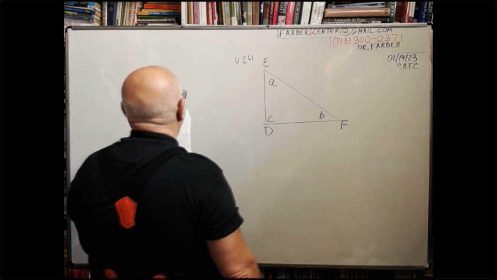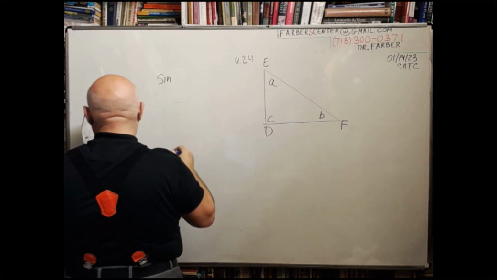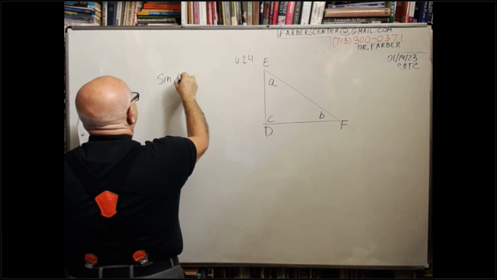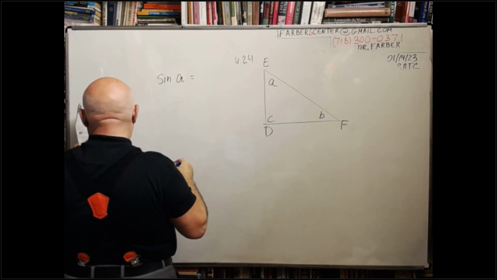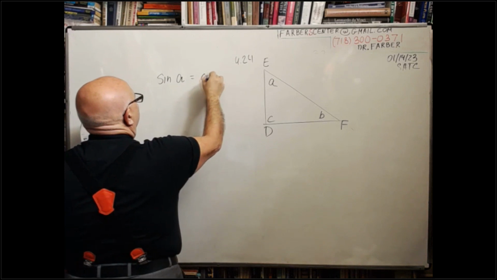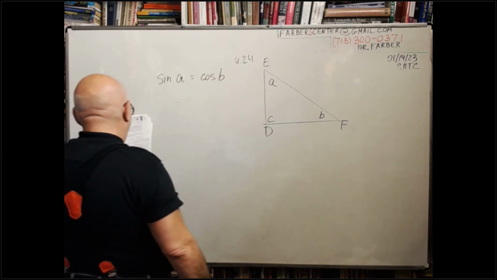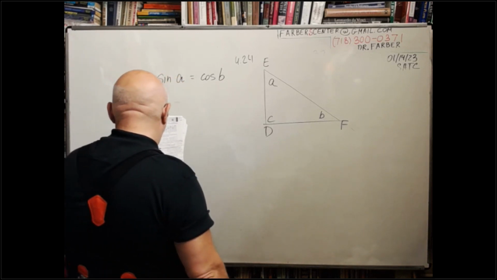And what we know: the sine of A is given, right? Equals cosine of B. And what is the question? Which of the following must be true?